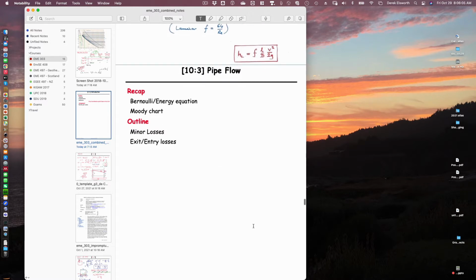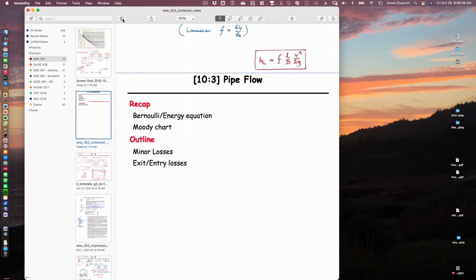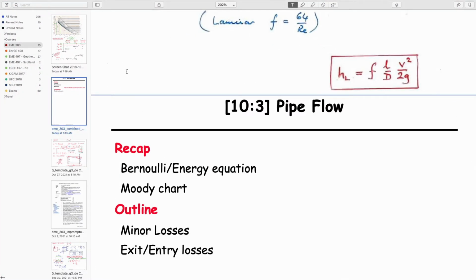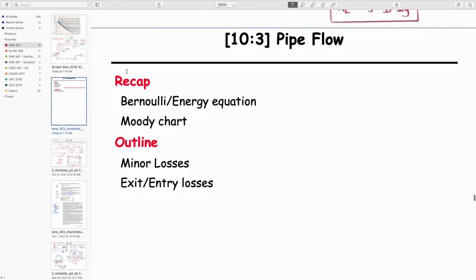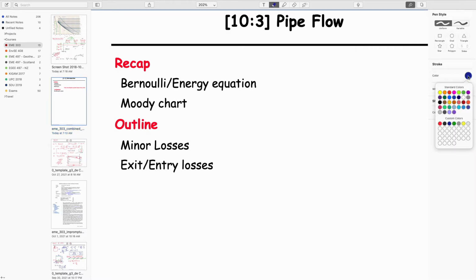You've seen this, and you're probably very tired of seeing it all the time. But we've been talking about pipe flow, and it's worthwhile recapping exactly what we're talking about, because it's a central theme of this class.